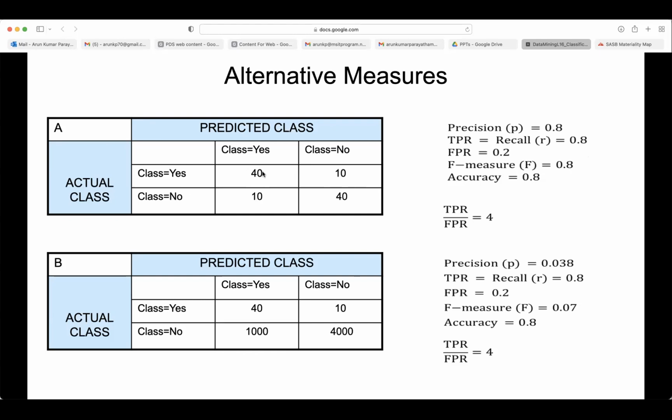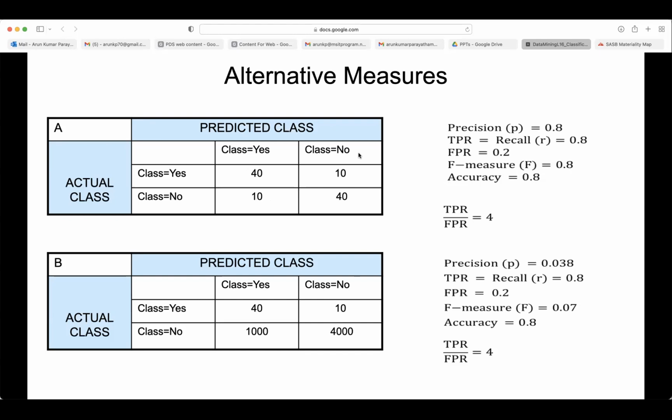So again, we'll compute. What is the true positive rate? 40 by 50. Predicted positive and the actual class is also positive, that is 40 by the total number of predicted positive, that is 40 by 40 plus 10, that is 40 by 50, that is 0.8.